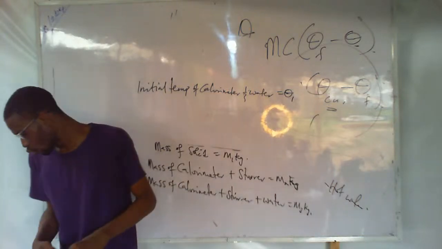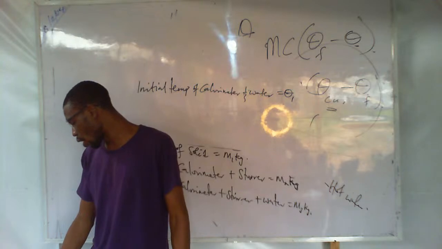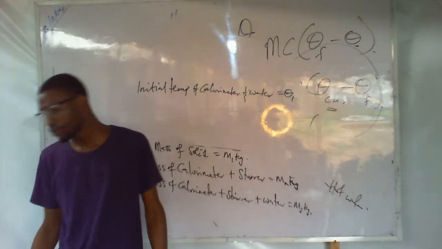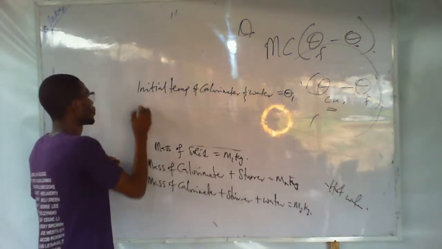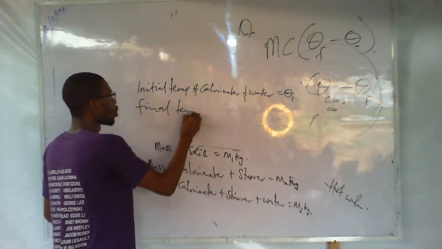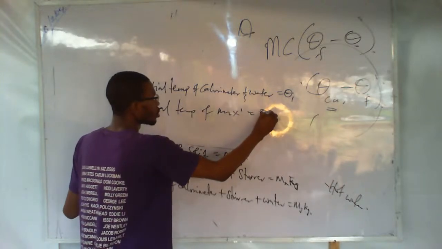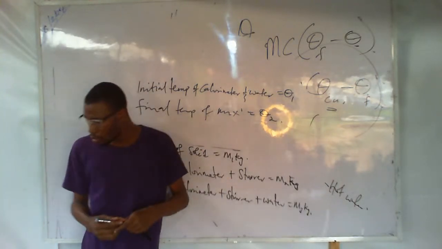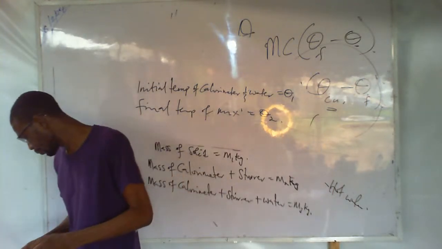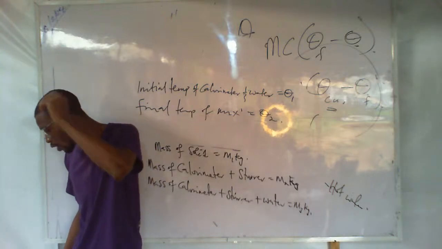Okay, so now let's take the second one. The final temperature of the mixture, theta 2. Then the temperature of the boiling water, I will explain.